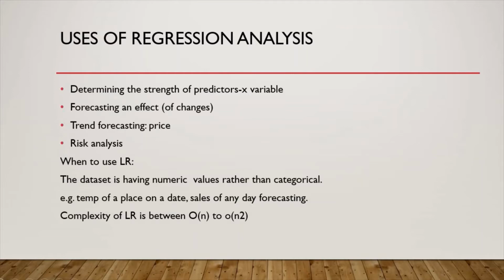Hence we can see what the temperature of a place is on a particular day by comparing the same day with the previous week, or with the previous year. We can see that this factor is more prominent in judging the temperature or forecasting sales.